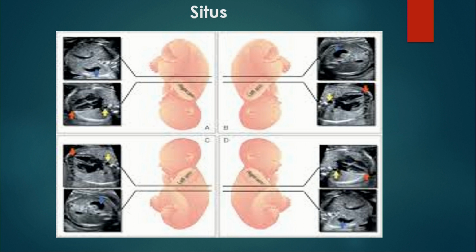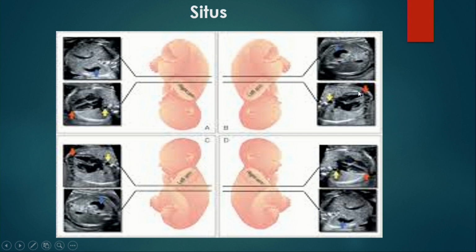But the most convenient method is the relationship of spine, stomach and umbilical vein. If the fetus is in cephalic presentation, the spine, stomach, umbilical vein are in a clockwise rotation. Here you can see this is cephalic presentation, spine, stomach, umbilical vein in a clockwise direction.